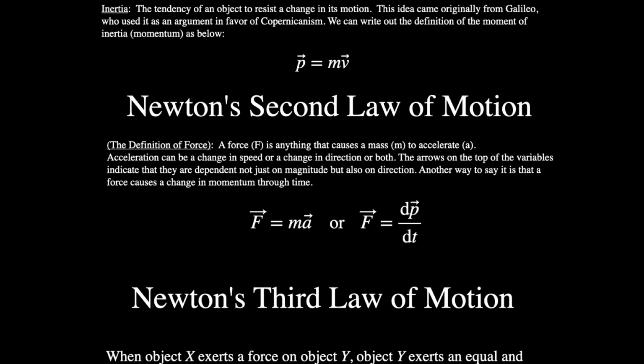An acceleration can either be a change of speed, a change of direction, or both. And an acceleration is a change in the rate of speed. You know what I mean? So we have velocity. Velocity is speed in a direction, and if it changes either magnitude or direction, then you have an acceleration.